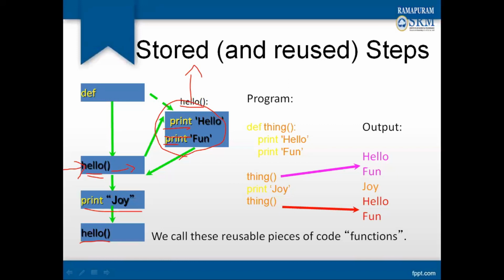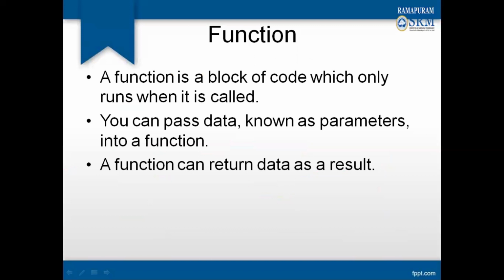So this is correlated with the function. So exactly what is a function? A function is nothing but a set of instructions or a block of code. It gets executed when it is called. When we call you, we just say hi, hello. In the same way, when you call, it is related to your work.